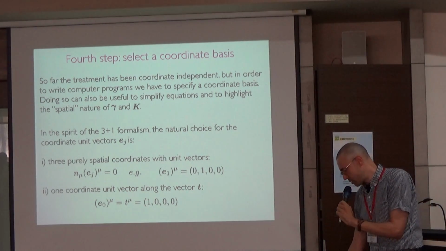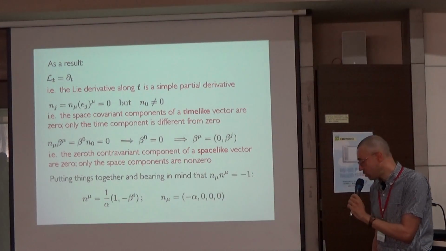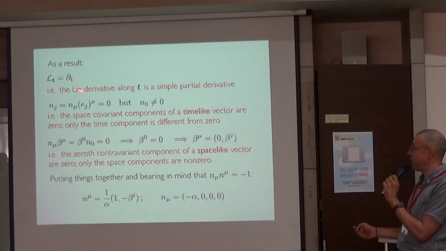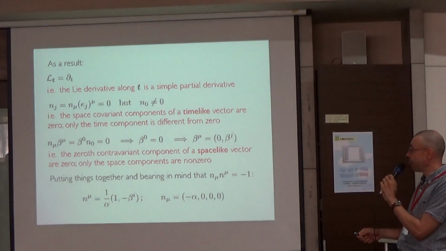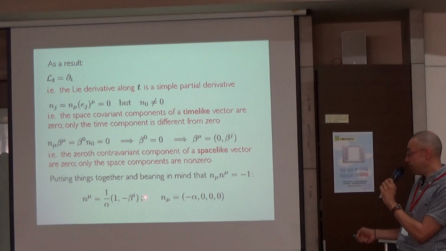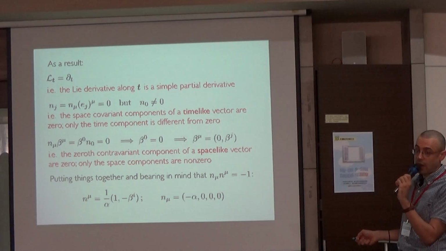We put this coordinate basis into the equations we found, the Lie derivative becomes a partial derivative, and this is a description of the timeline components and space-like components, and this is the explicit expression of the normal to the hypersurface.